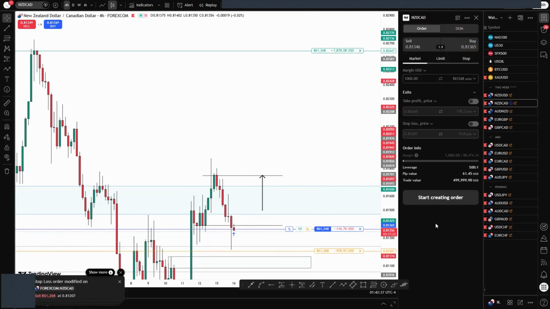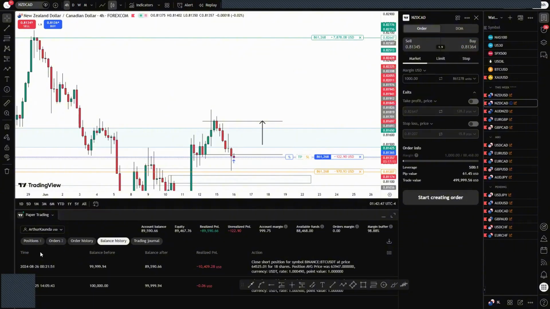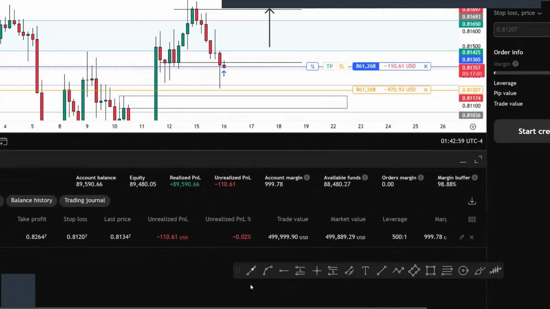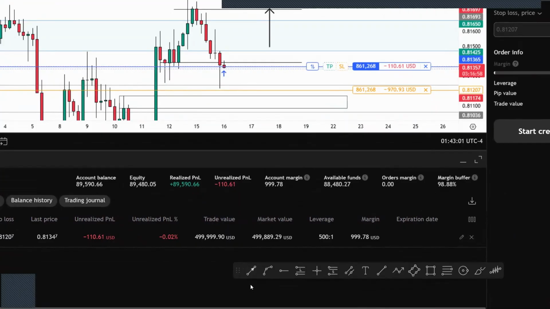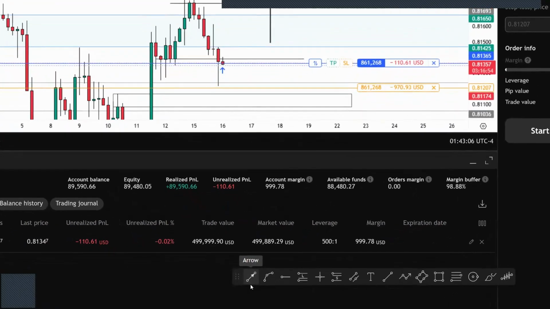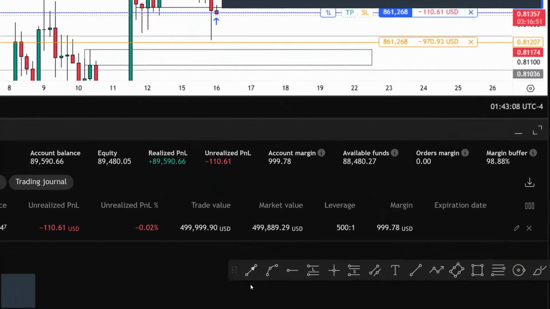I don't know the lot size it's used, and I can't see any lot size, but all I know is that we're in this trade.